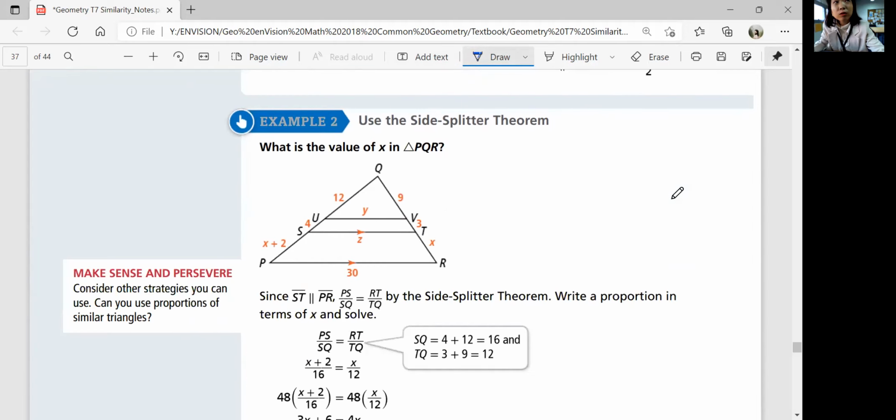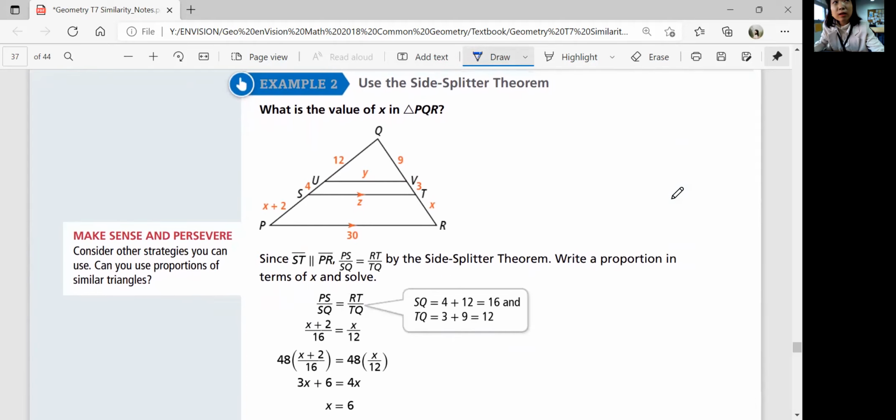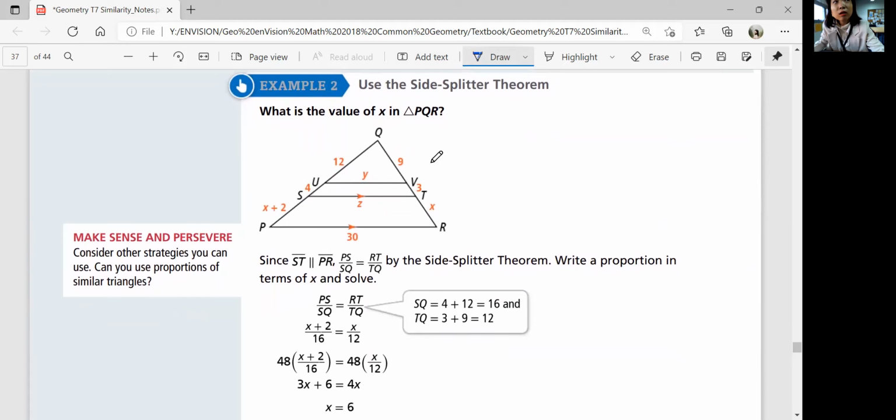Let's look at example 2. Use the side splitter theorem. So, can you figure out the value of x in triangle PQR using the side splitter theorem? Since ST is parallel to PR, we know they're going to be proportional. PS over SQ is proportional to RT over TQ.